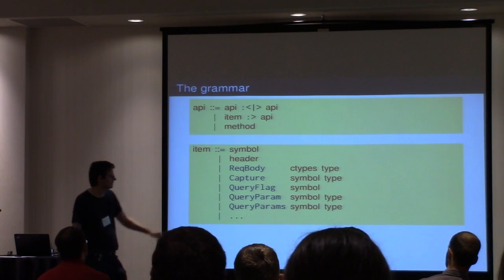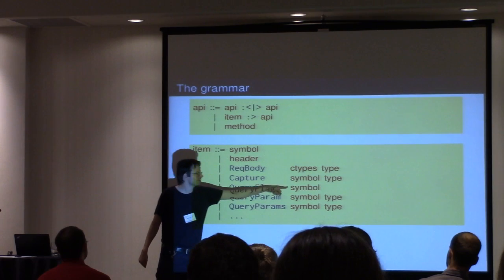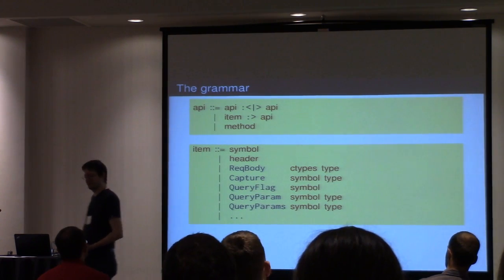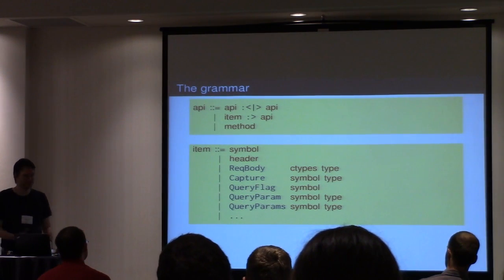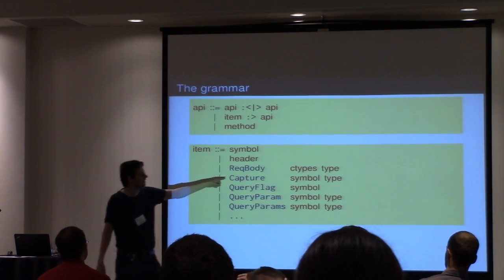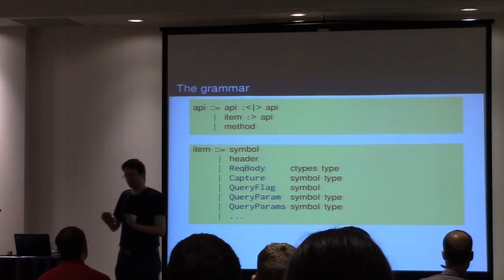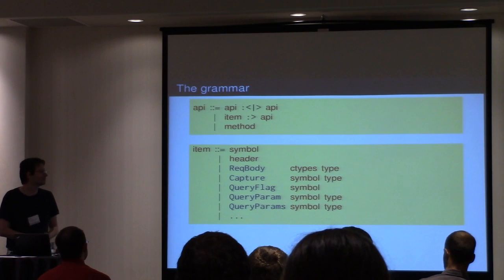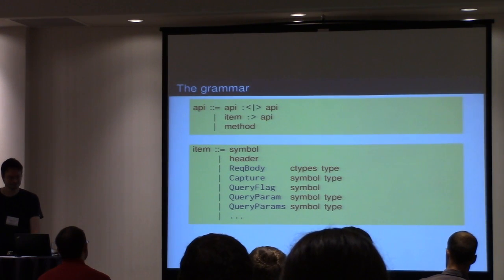And for the query flags or parameters, the symbols here denote the name of the query parameter. For the capture thing, the symbol being used here, the string, is mainly being used for documentation purposes.